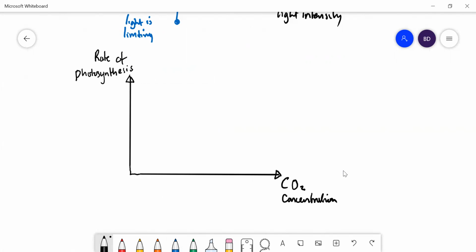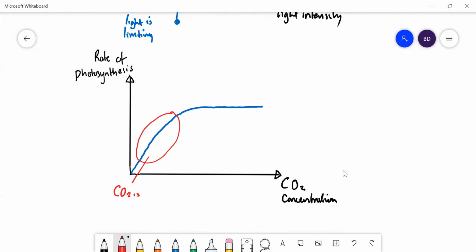You get a similar picture as happens with light. If you increase the CO2, it makes it go faster up to a certain point, and then it has no effect. So in this part of the graph, we'd say that CO2 is limiting. Add more CO2, higher concentration, make the reaction go faster.